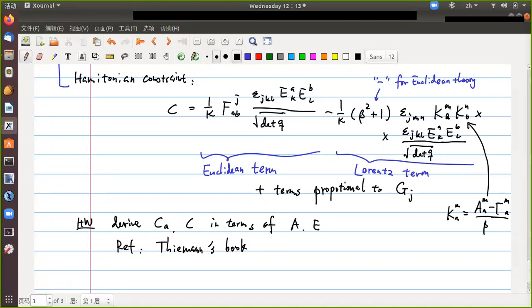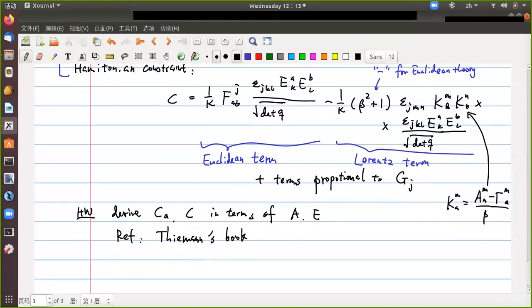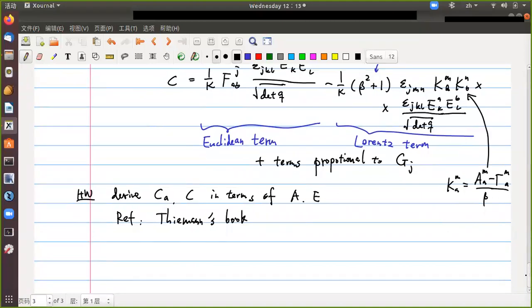Here Γ is the spin connection, a function of e only. This is something in your homework you will try to derive.